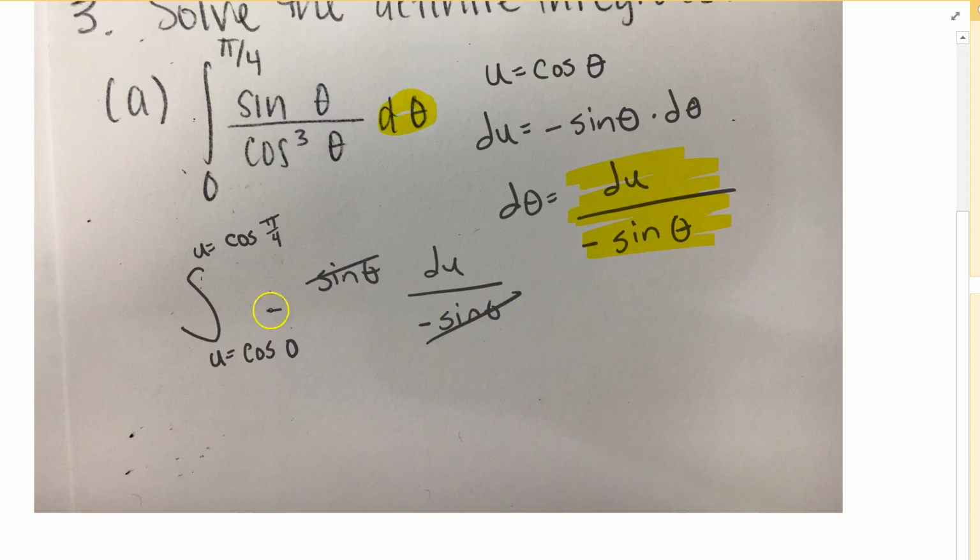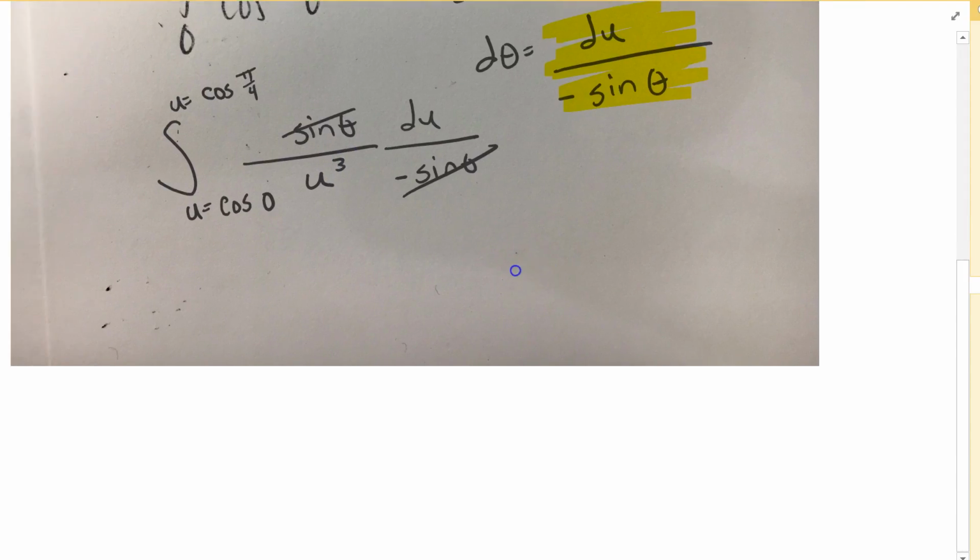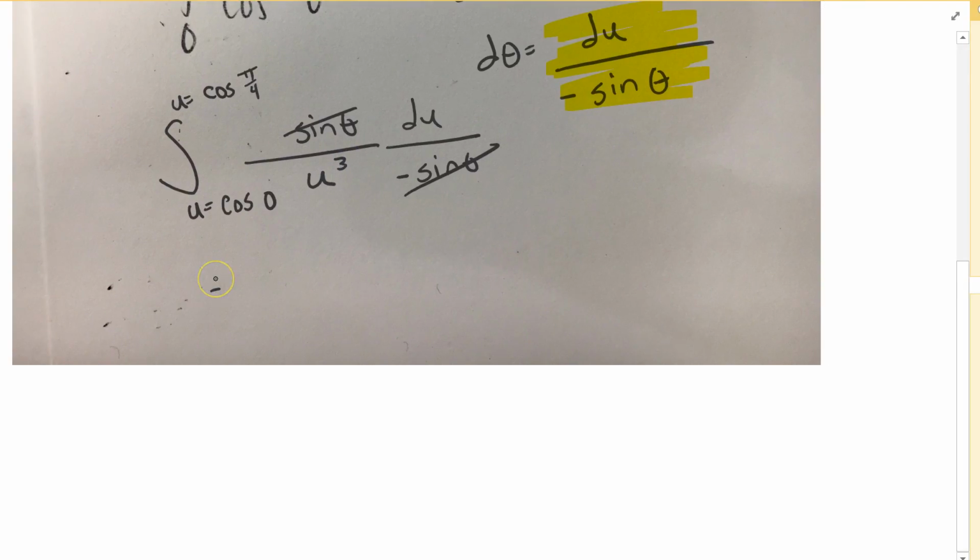So the sine of thetas cancel, and then I get u cubed in the denominator. So cleaning this up a little bit, cosine of 0 would be 1, and cosine of pi over 4 would be square root of 2 over 2.